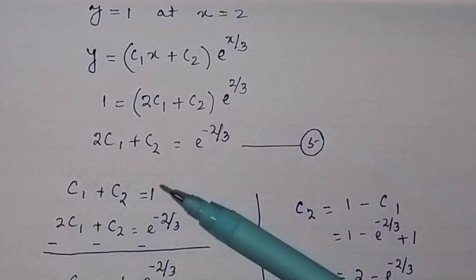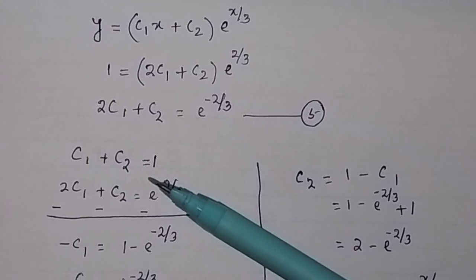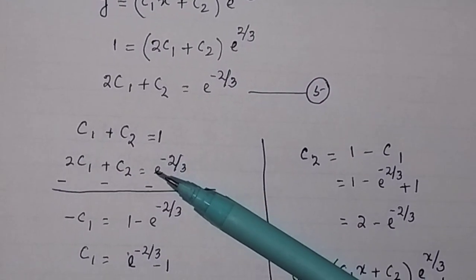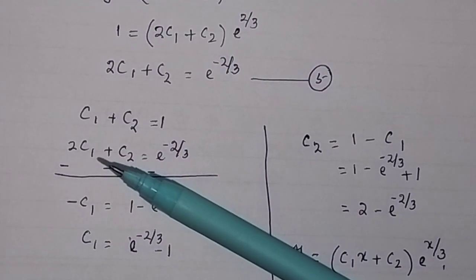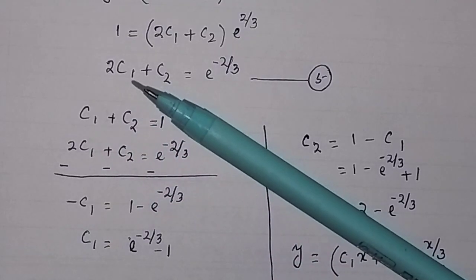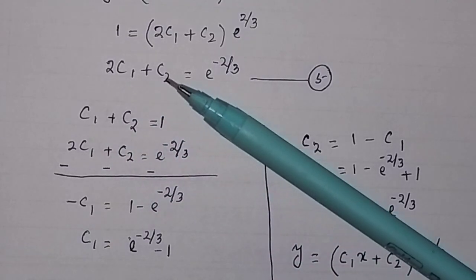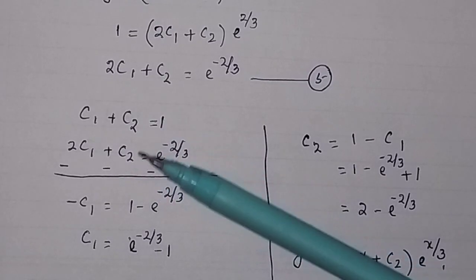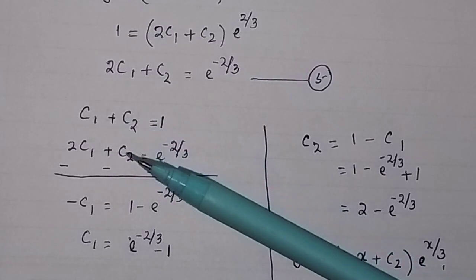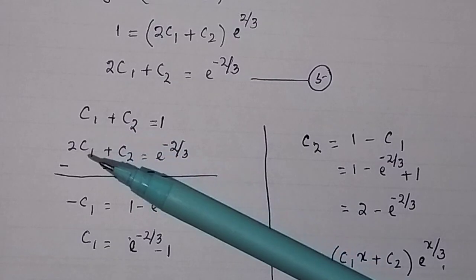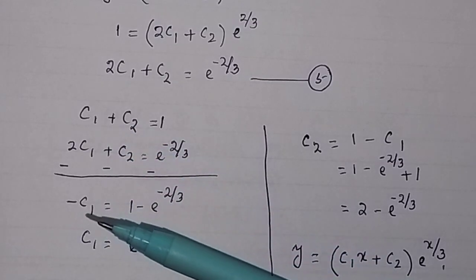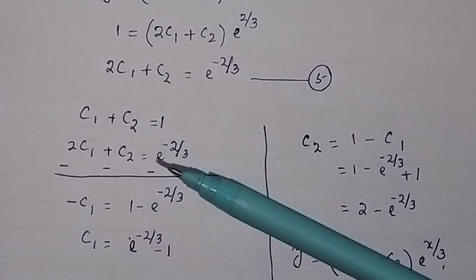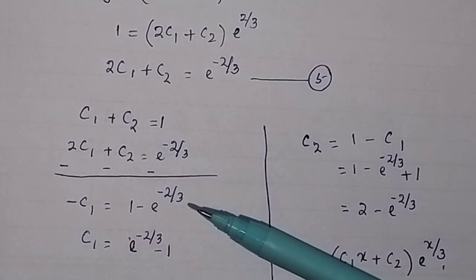From equation 4 we have c1 plus c2 is equal to 1, and from equation 5 we have 2c1 plus c2 is equal to e to the power minus 2 by 3. So if you subtract equation 4 from 5, then c2 cancels. c1 minus 2c1, that is minus c1, is equal to 1 minus e to the power minus 2 by 3.